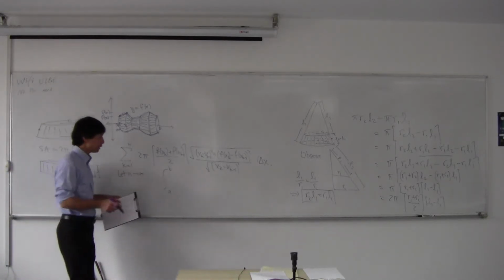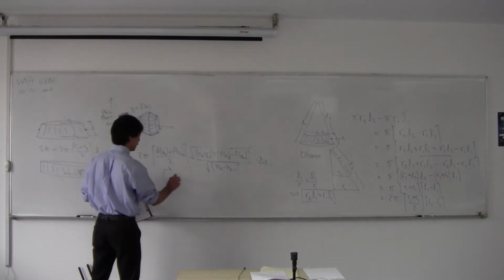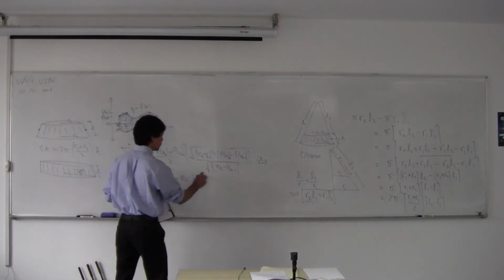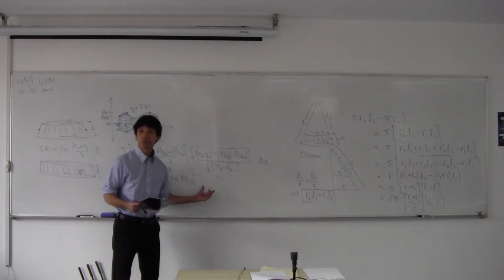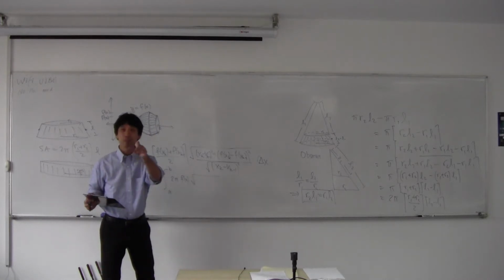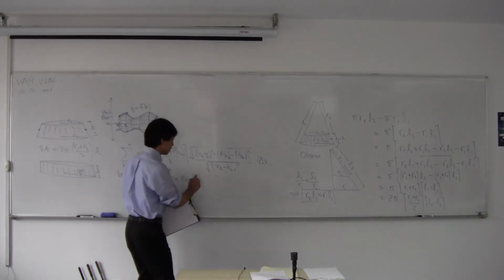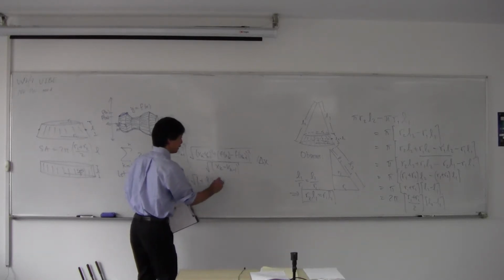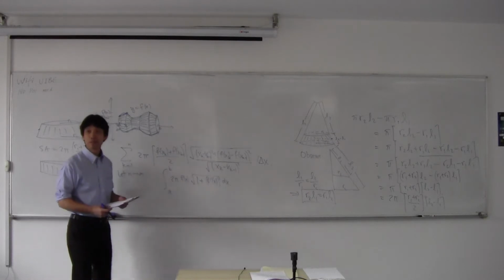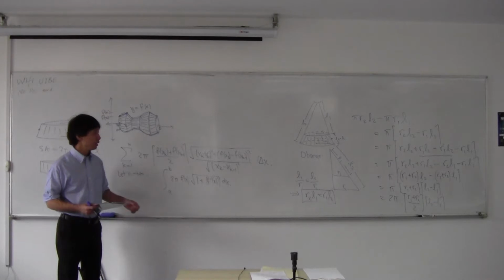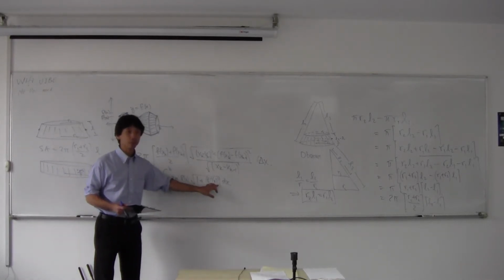And then in the end, you're going to get 2 pi f of x times the square root of, what's this thing here? Somebody saying it? Yeah. 1 plus? Exactly. Very good. 2 pi f of x square root of 1 plus derivative squared dx.